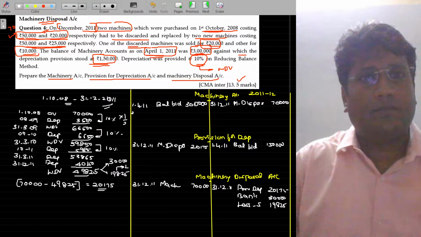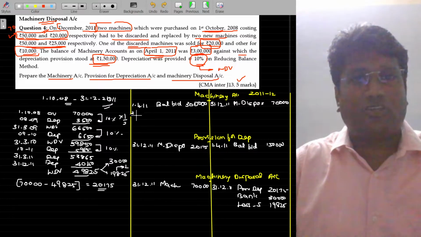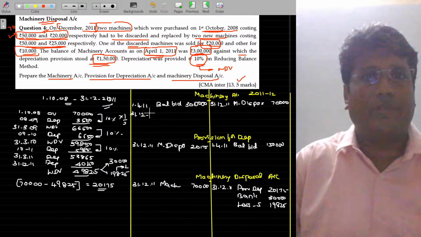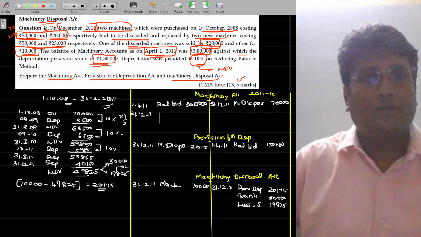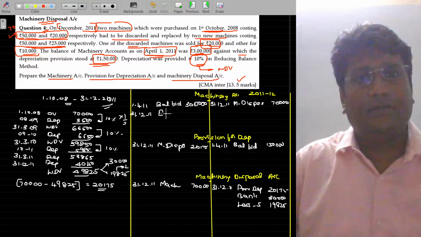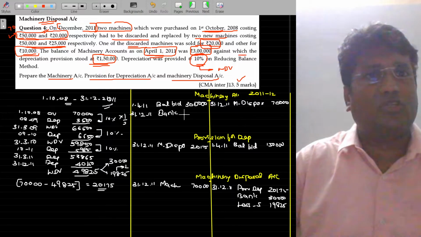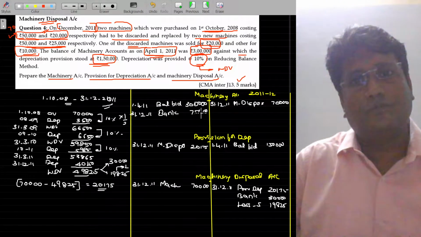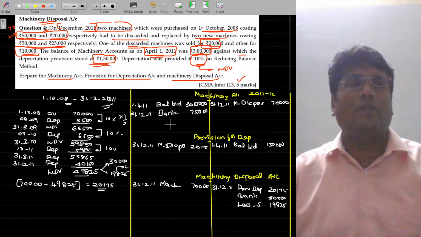The date of purchase being 31st December. It is assumed, because the purchase happens in December, that the purchase happens at the year end. So bank. Both the assets put together purchased for how much? 75,000. Is that okay?